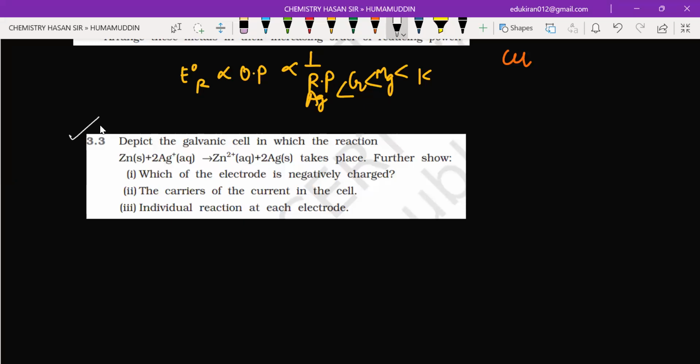Depict the galvanic cell. So you are going to write the representation for this reaction. Then which of the electrodes is negatively charged? I think you can do this. And the carriers of the current in the cell, and the reaction taking place at each electrode.